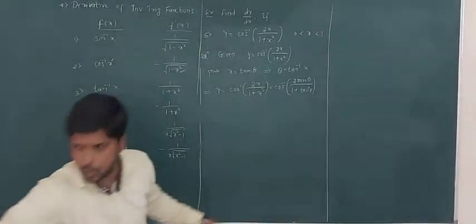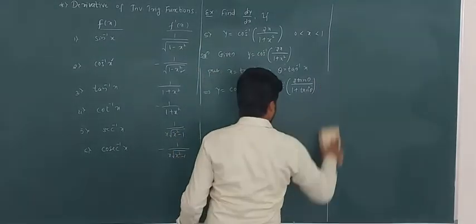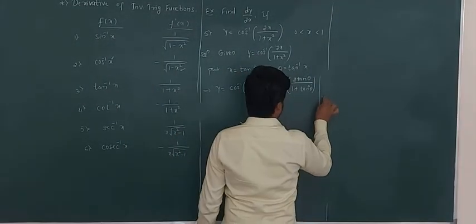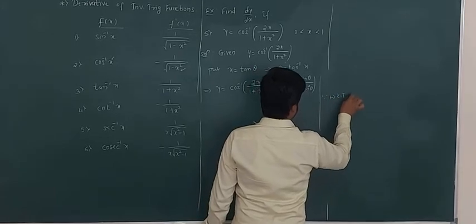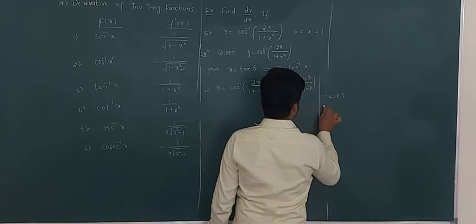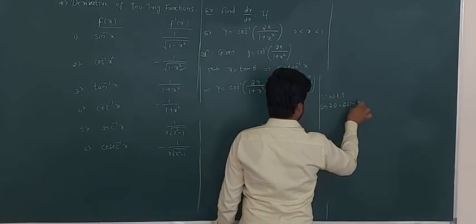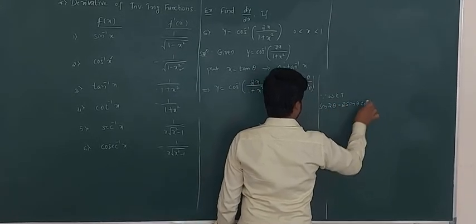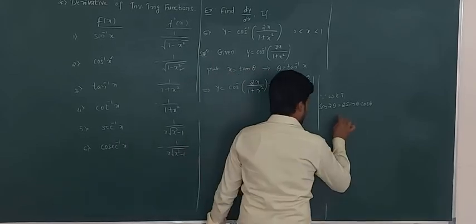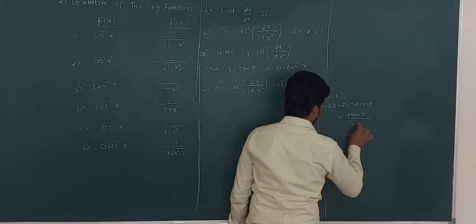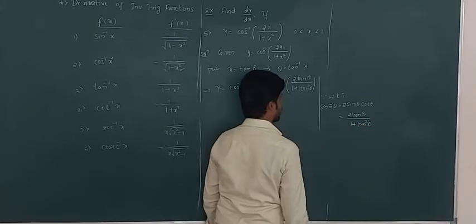Okay, and also we know that we have two formulas for sin 2 theta. Sin 2 theta is equal to 2 sin theta into cos theta, one formula. We have another formula in terms of tan, that is 2 tan theta divided by 1 plus tan square theta.